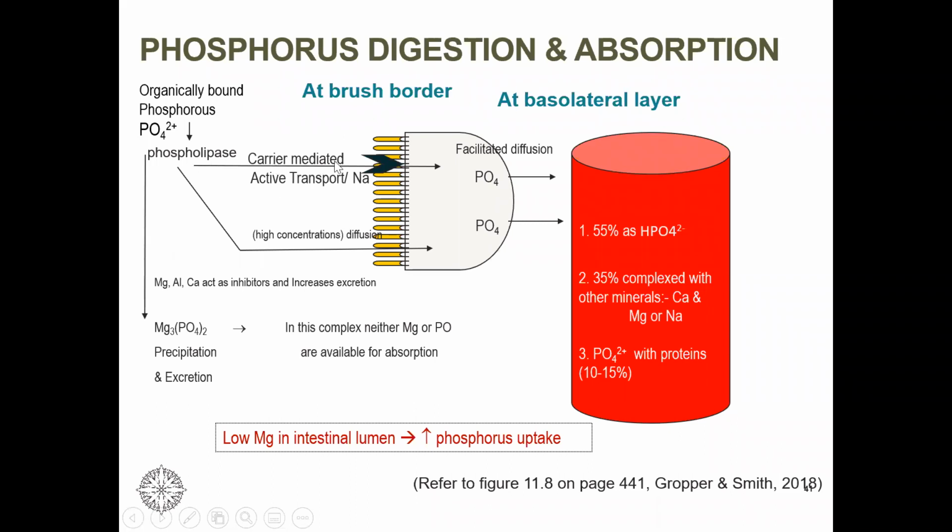Then we have a carrier-mediated active transporter, which needs sodium and is under the influence of vitamin D, that takes it inside the intestinal cell. However, if there is high concentration, then the body can absorb it by simple diffusion. Sometimes magnesium, aluminium, calcium get bound to phosphorus and are excreted because they form a compound.